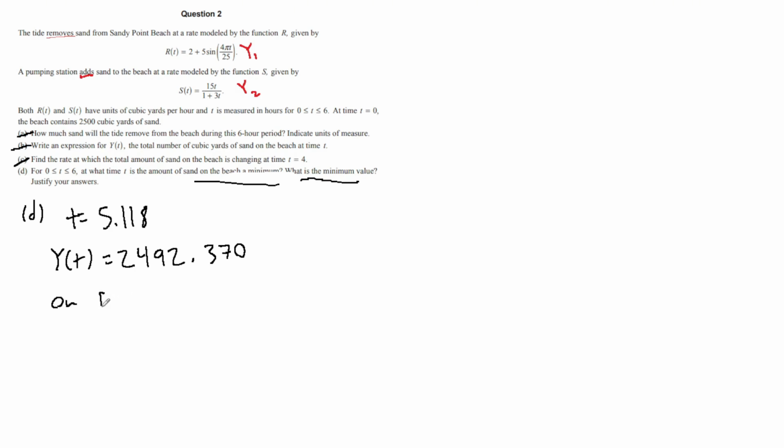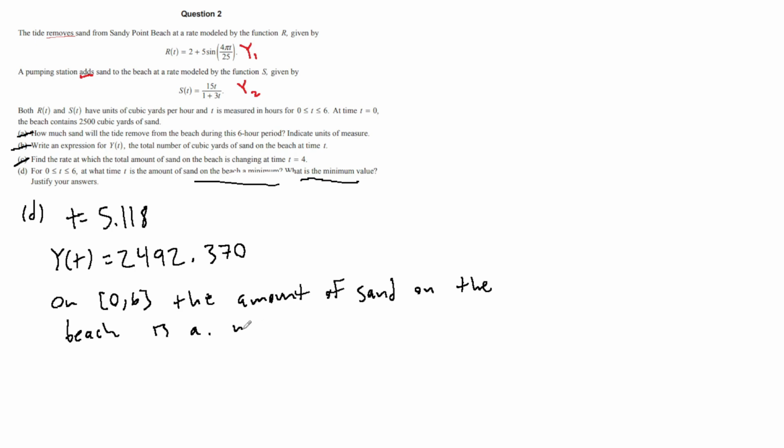On 0 to 6, the amount of sand on the beach is a minimum at t equals 5.118, since y prime of t equals 0.